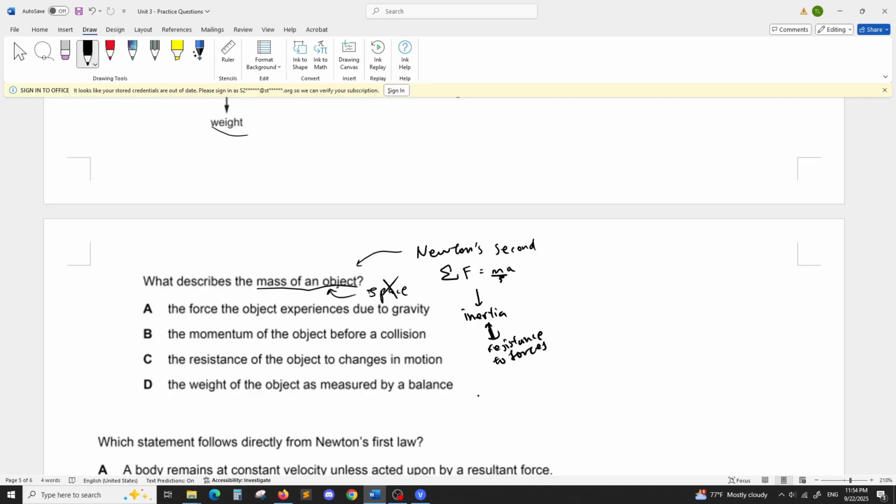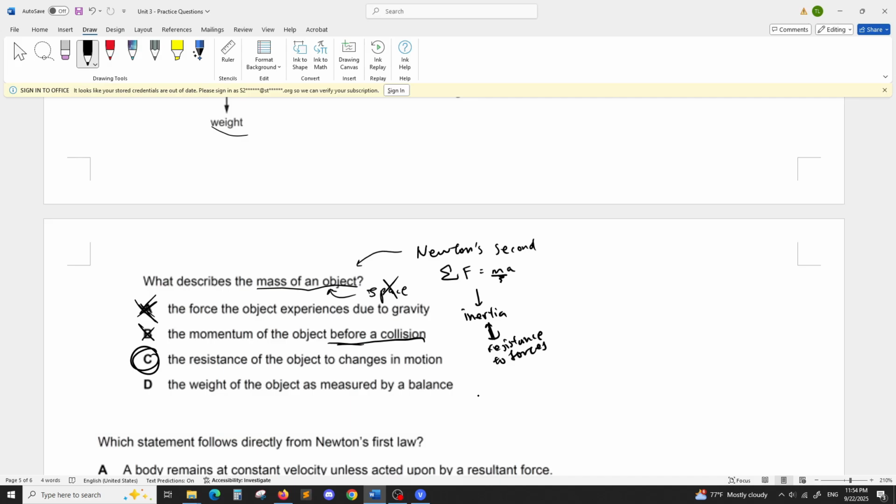Then we can look at our answer choices and see that A obviously does not make sense. The momentum is somewhat related to the mass of an object, but it's not talking about before collision. Not everything is a collision. The resistance of the object to changes in motion. So this is actually what I was just saying.